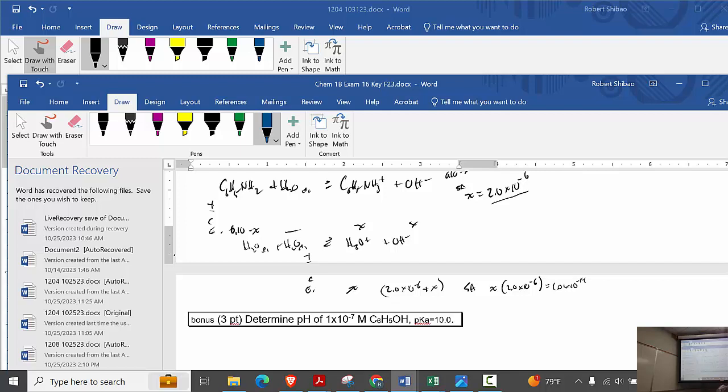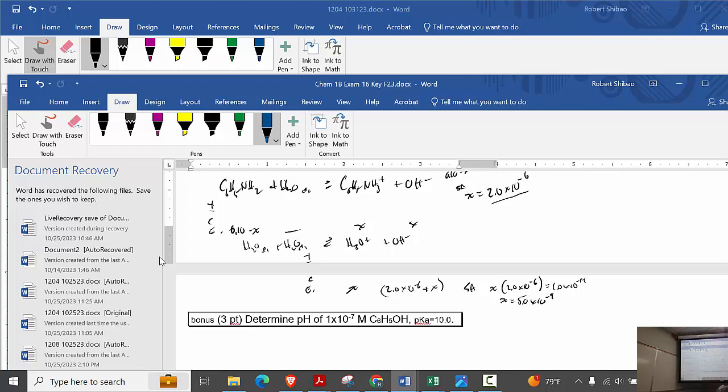And so I'll take my number, invert that, times 1 times 10 to the minus 14. And I get x equals 5.0 times 10 to the minus 9.